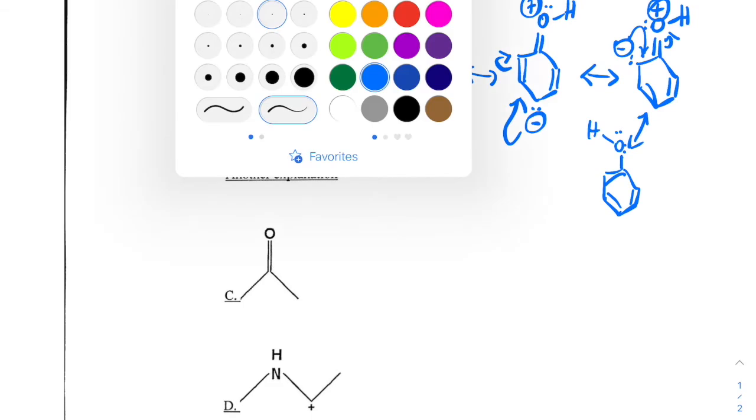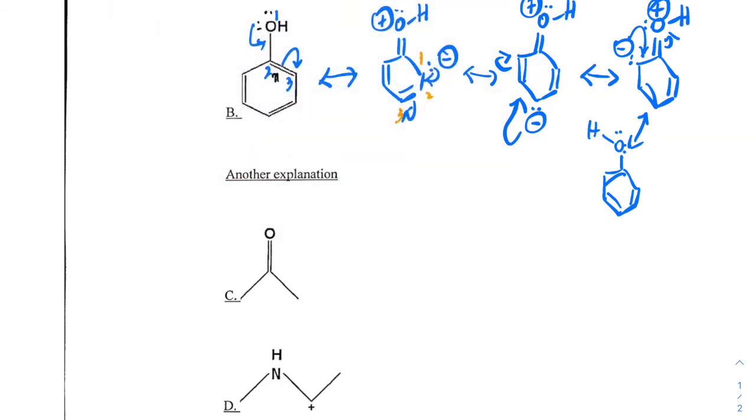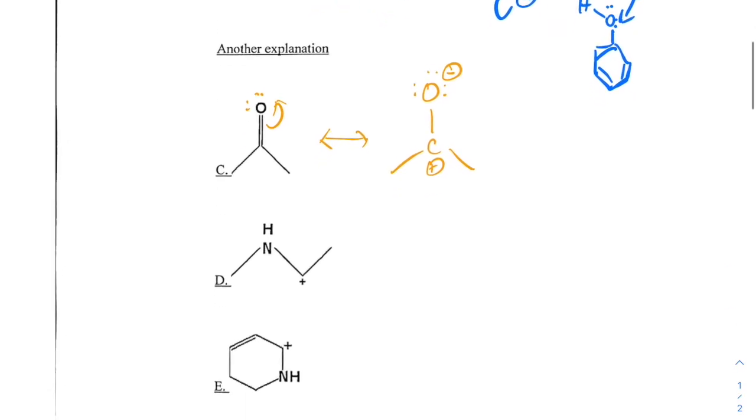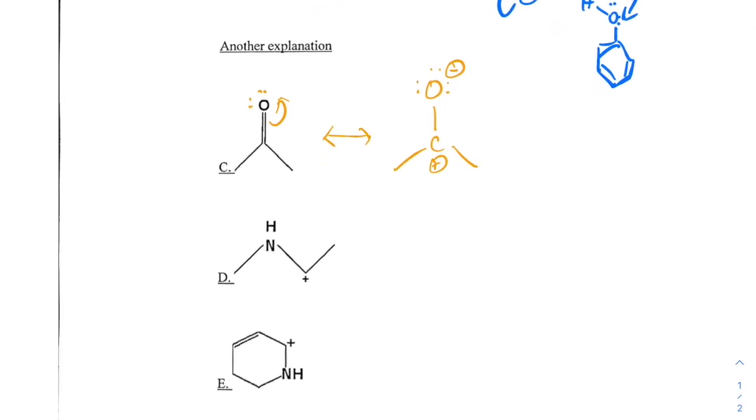Let's do some more curved arrows here. Ketones. So you always want to move the arrow to the oxygen because it's more electronegative. Carbon with only 3 bonds and no lone pairs of electrons is formal charge of +1, and oxygen with just 1 bond and 3 lone pairs is formal charge of negative.